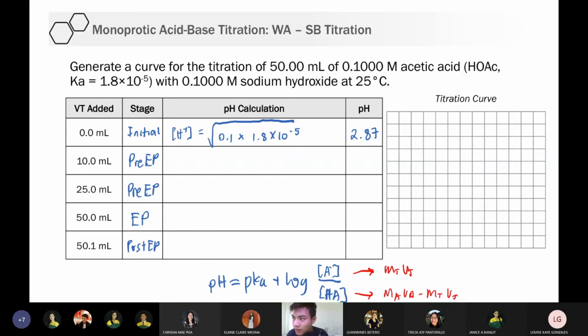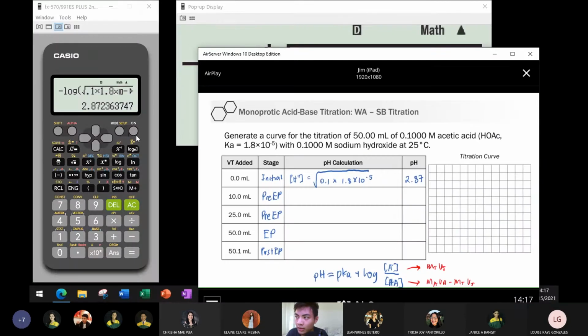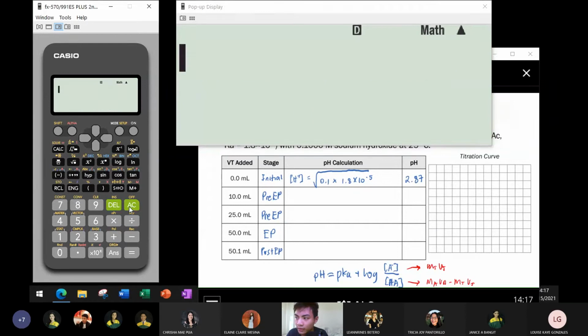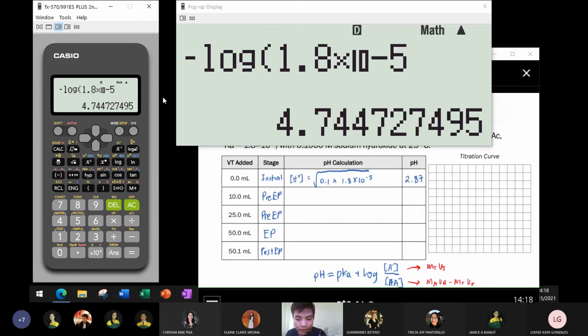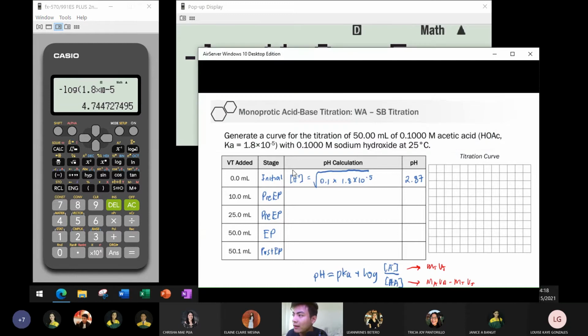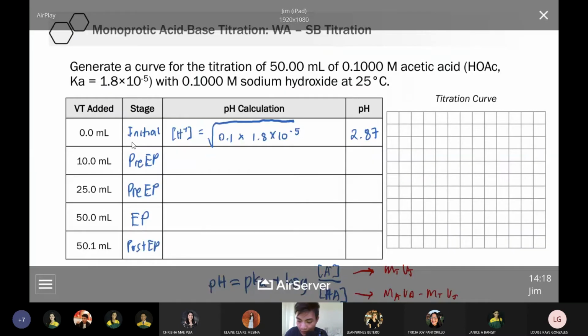So, pKa muna. How do you get pKa? Negative log yon ng Ka. So negative log of 1.8 times 10 raised to negative 5, that is 4.74. Okay, so let me write pH equals 4.74 plus logarithm.